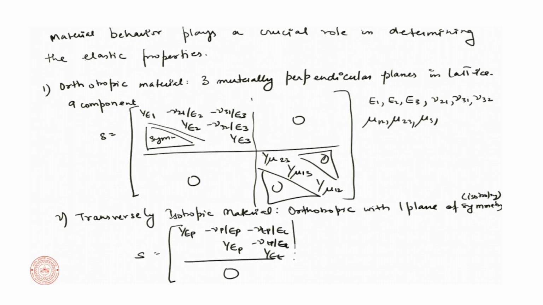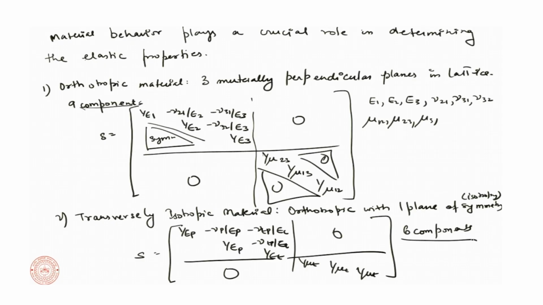These are all zeros. So, 1 by mu T, 1 by mu T. So, we have now 6 components. So, we have reduced 3 components by imparting the symmetry. So, from 9 components we have boiled down to 6 components.